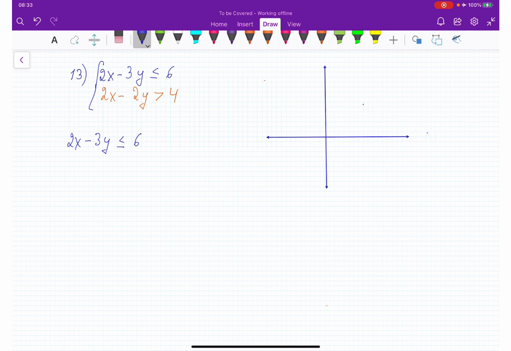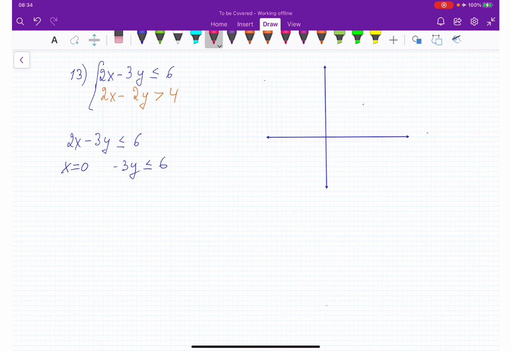Okay, for 2x minus 3y less than or equal to 6, I'm choosing the intercept method because 2, 3, 6 are talking to each other. I can divide easily. So x is equal 0. Then I have negative 3y less than or equal to 6.